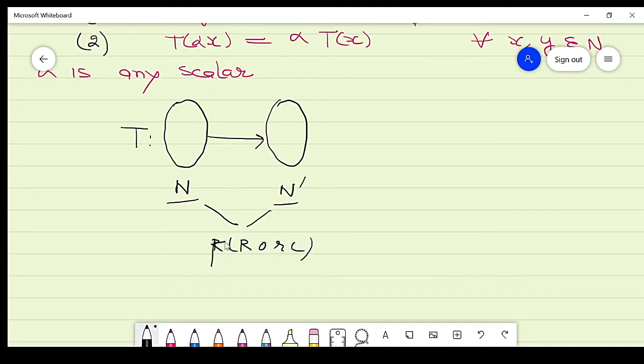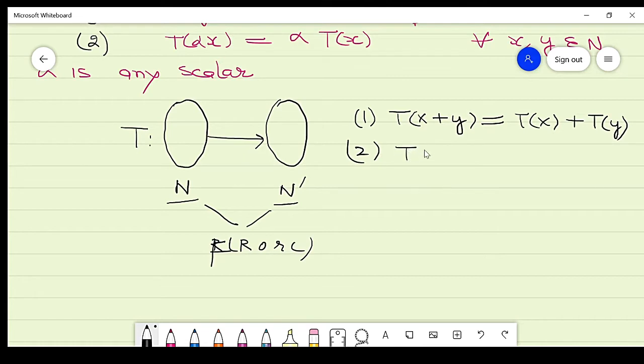So this is the same field, either R or C, if it satisfies two properties. Property number 1, T of x plus y is equal to T of x plus T of y, and property number 2, T of alpha x is equal to alpha times T of x.